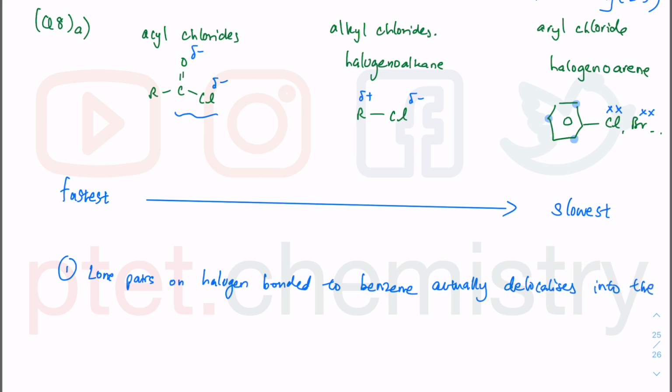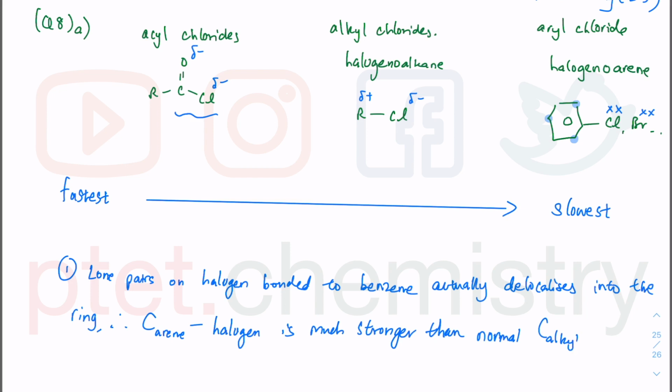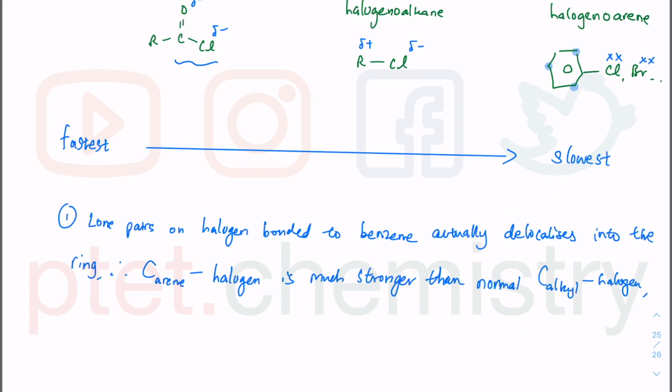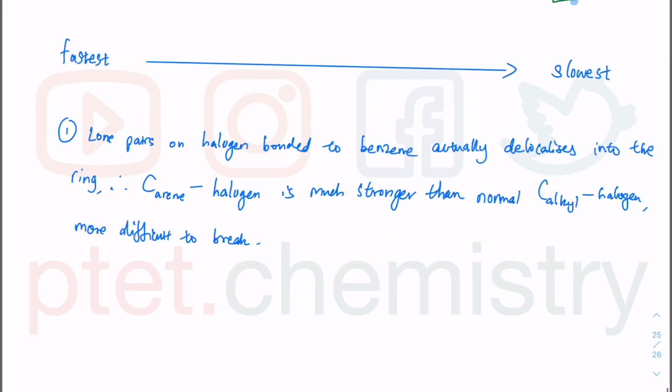Therefore, the carbon-arene bond with the halogen is much stronger than expected or perceived than a normal carbon-alkyl halogen bond. Okay, much more difficult to break.